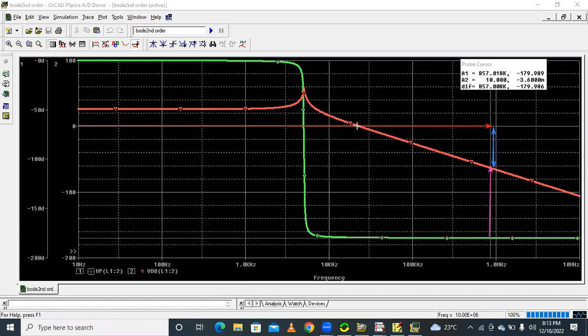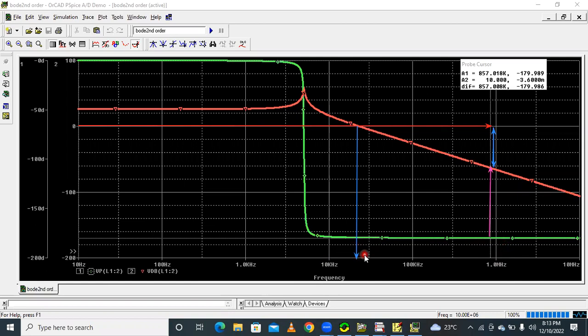This is the crossing point, and the corresponding point on the x-axis is our gain crossover frequency. This is the phase crossover frequency. The phase crossover frequency is greater than the gain crossover frequency. That's why this system is stable.